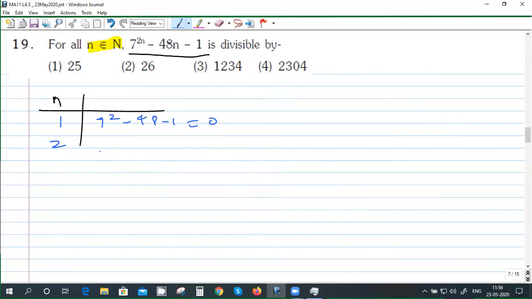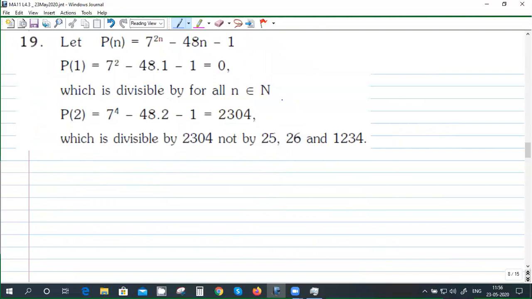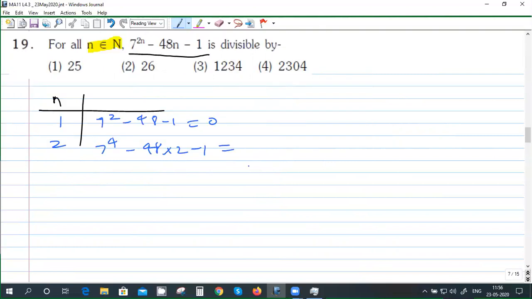N equal to 2, 7 raised to the power 4, minus 48, which is 2304. So obviously these options will drop out because this is true for all n. When I'm checking for 2, I'm getting 2304, which is not divisible by the small numbers. It is only divisible by this one. There are 4 options and one of them is correct, so the fourth one is correct.